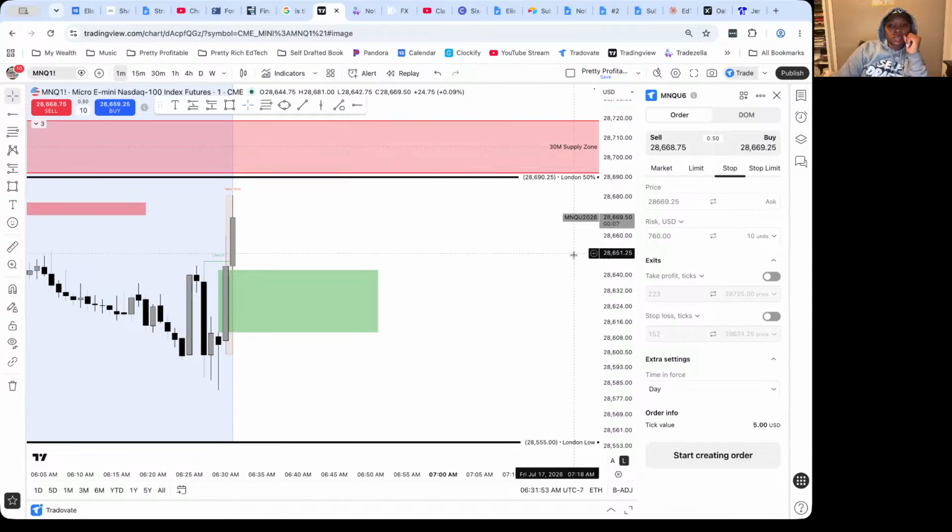So I'm looking at this supply zone. I also want to look for a bearish rejection candle.